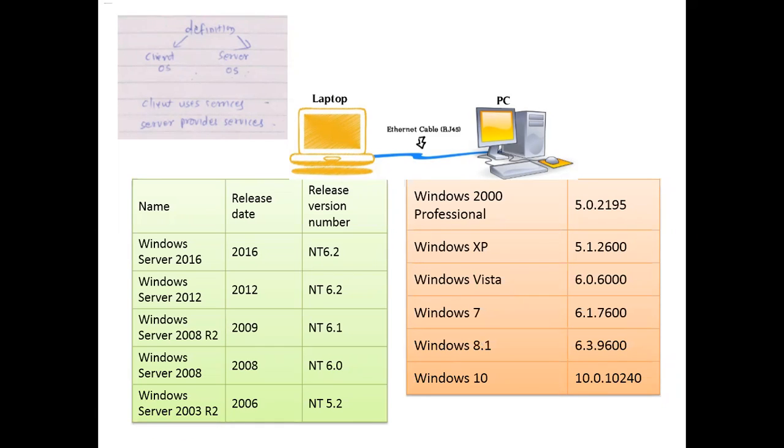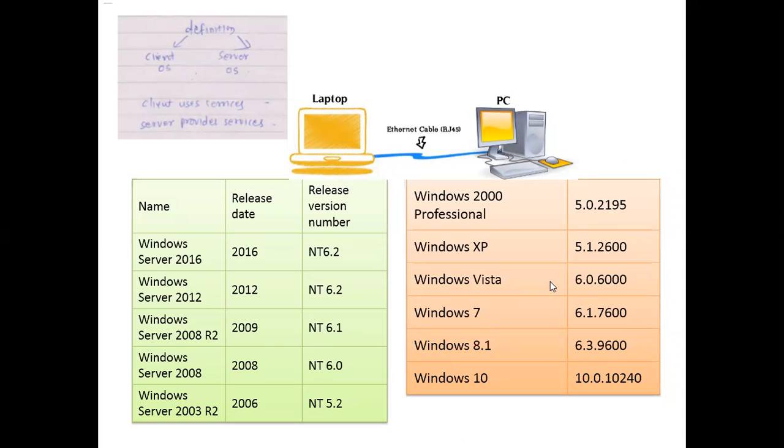You just have to configure them, you don't have to install them. Whereas in a client operating system, if you really want to convert it into a server, you need to install those servers separately.